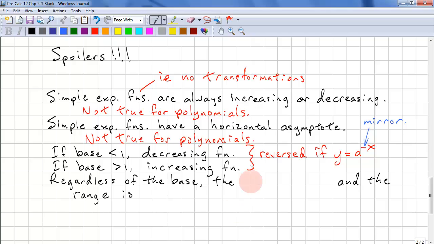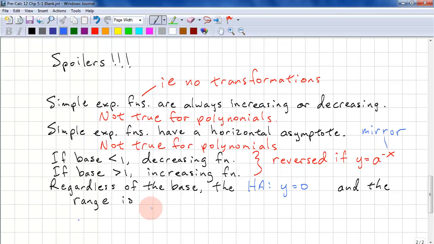And regardless of the base, again, the horizontal asymptote is y equals 0. And the range is always y is greater than 0 for simple exponential functions. However, that will change when there's transformations. And that completes this lesson.